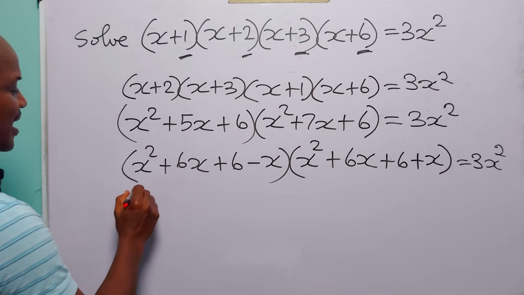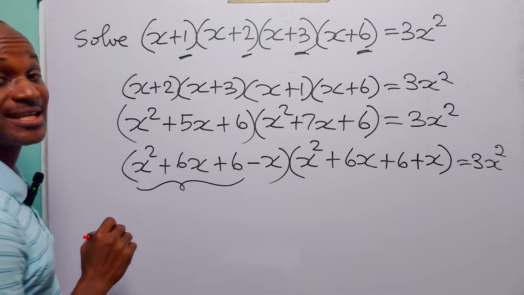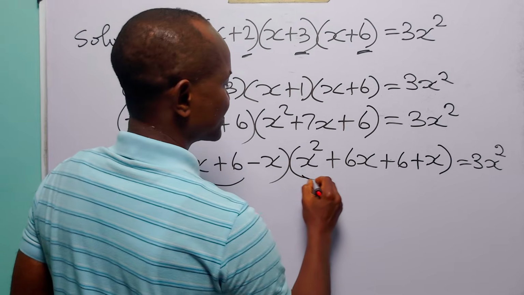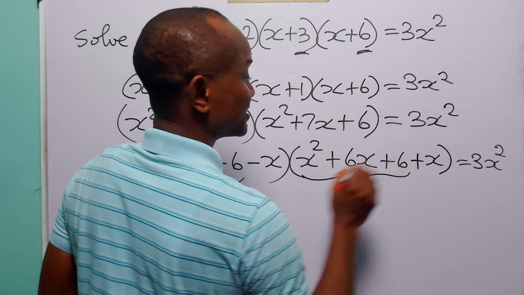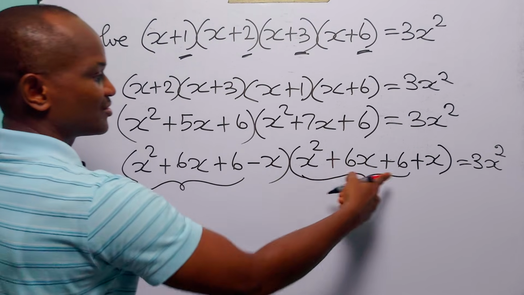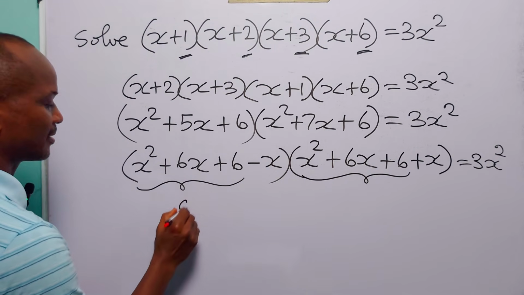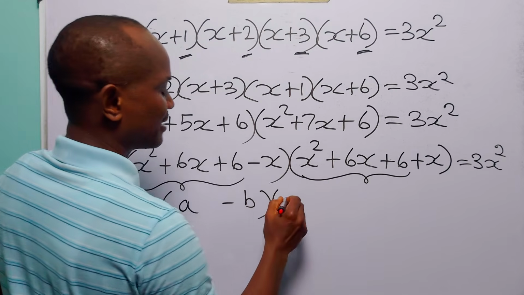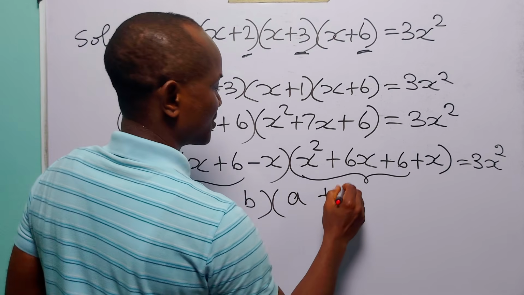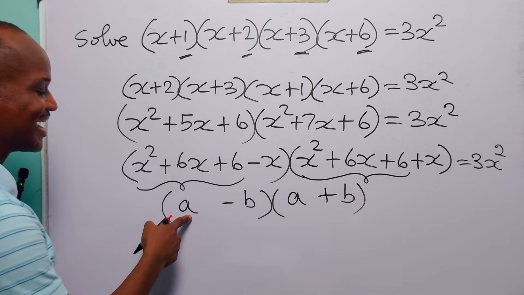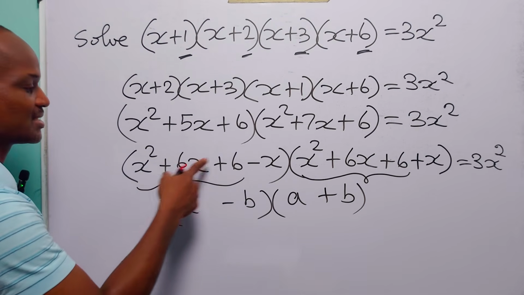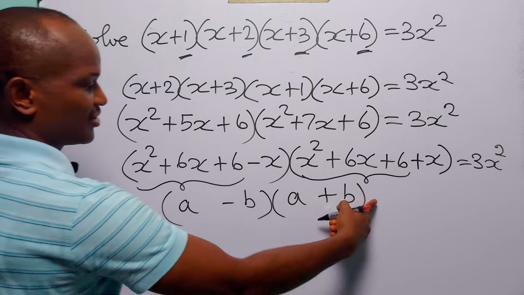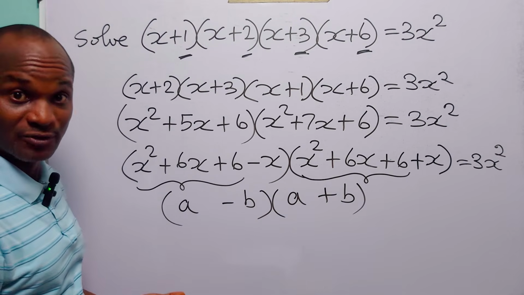Now, notice that here we have x squared plus 6x plus 6 minus x. And here we have x squared plus 6x plus 6 plus x. This looks something like a minus b multiplied by a plus b, where a is x squared plus 6x plus 6, and of course b is x. And you know that this is the difference of two squares.